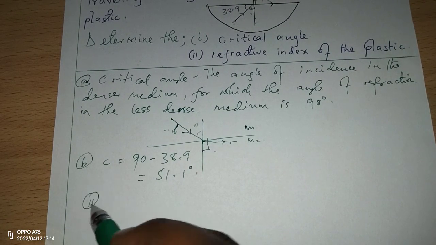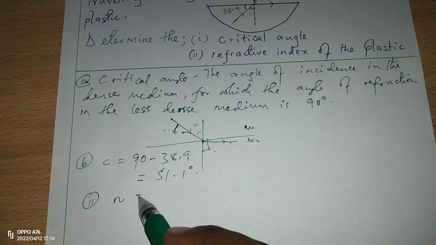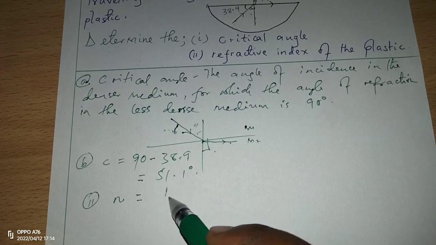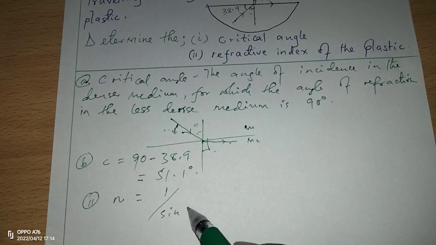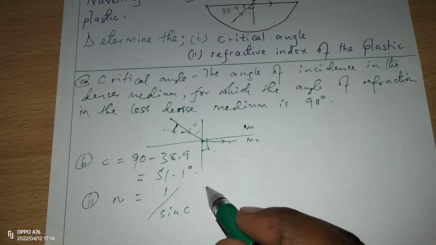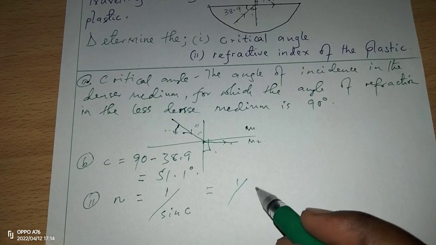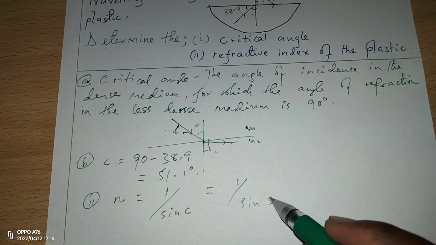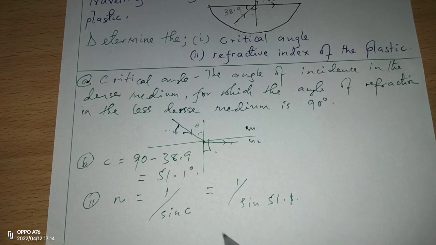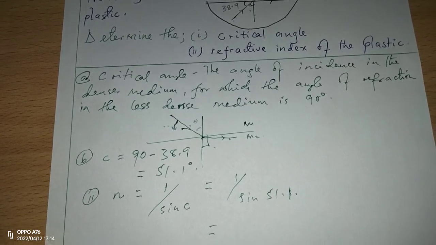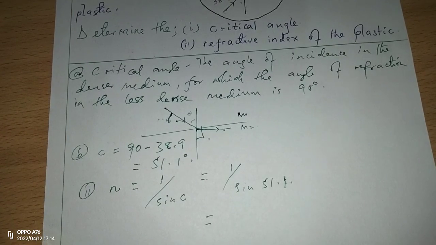Lastly, we have part 2, which says we determine the refractive index of the plastic. For us to get the refractive index, small letter n, we take the reciprocal of the sine of the critical angle, which is calculated as the reciprocal of sine 51.1.